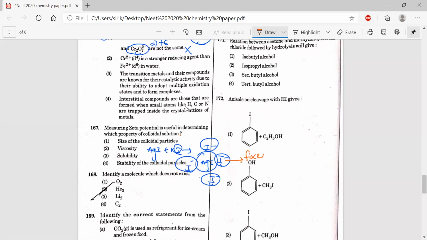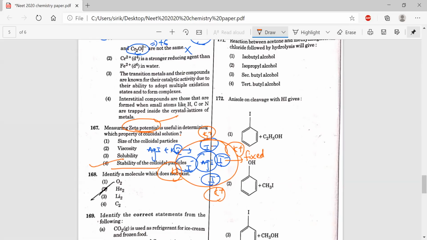Around it one more layer will be formed, because of the I negative charge, K plus also comes. This is a diffusible, movable layer, and the other is the fixed layer. Due to the difference of these two, a potential difference will be created. We call it zeta potential, and that potential gives us clarity about the stability of colloidal particles.